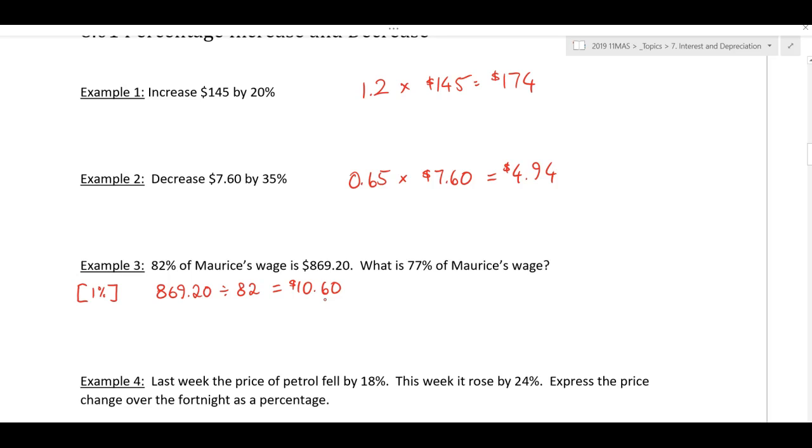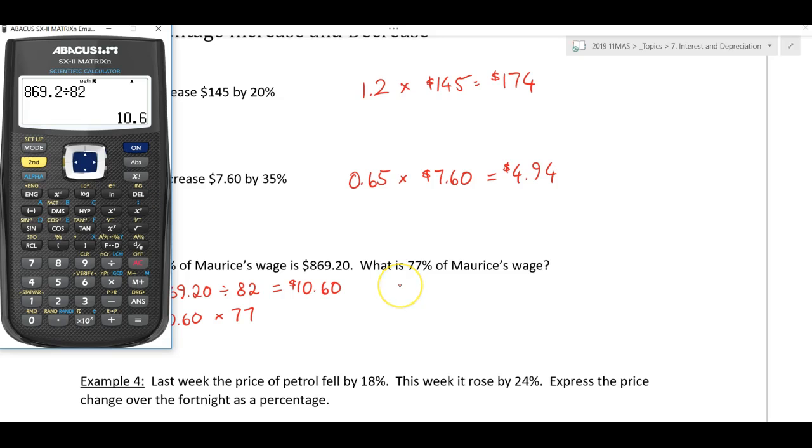If I wanted to find Maurice's full wage, I could multiply that by 100. But I've got 1% and I want to know 77%. So now I'm going to take my $10.60 and multiply it by 77. First I found 1%, then I find the 77% that I need.